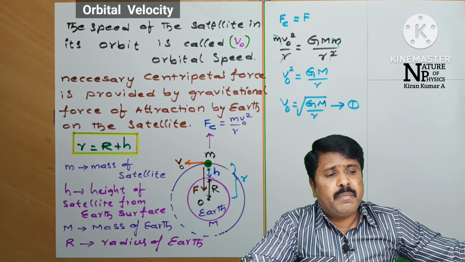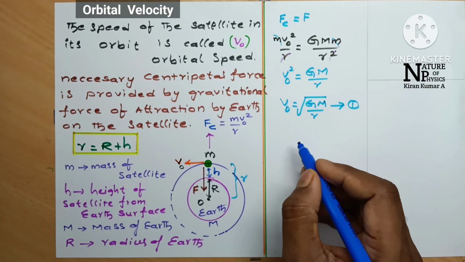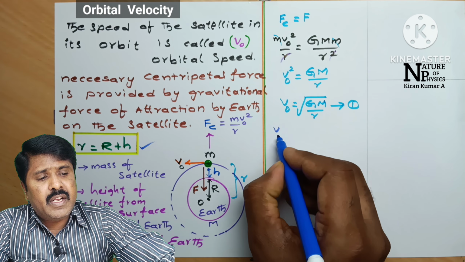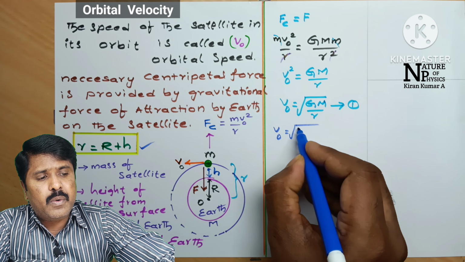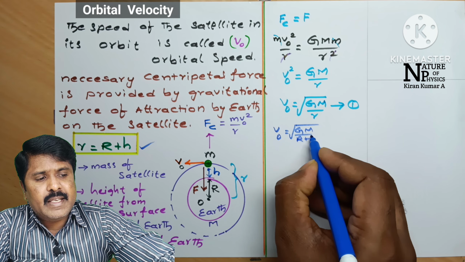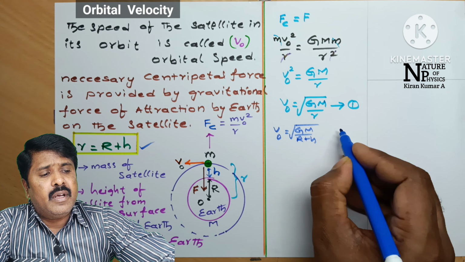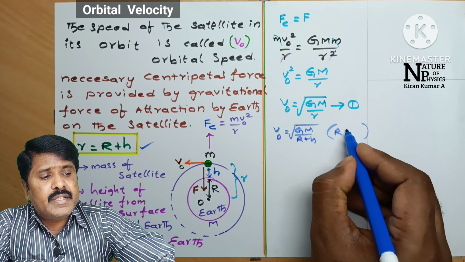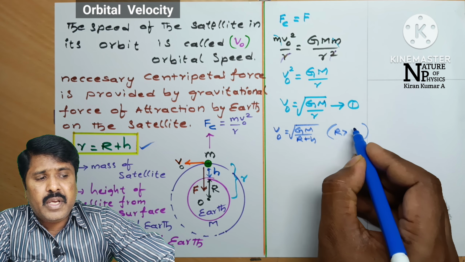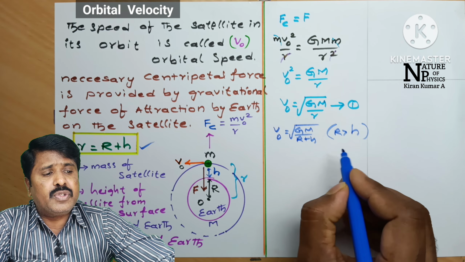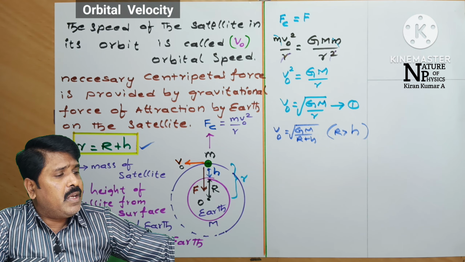Next I replace the small r value. Small r is R plus h, so v naught is equal to root over GM divided by R plus h. In this, one condition is there: R is very much greater than h, or simply R is greater than h. So h is negligible here.